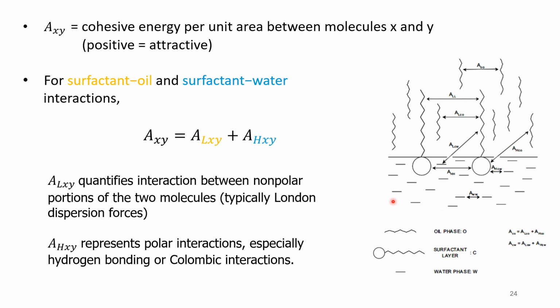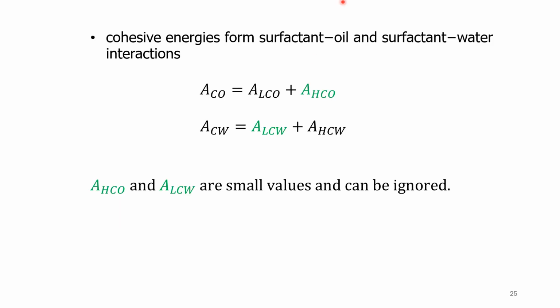Therefore, it results in the different kinds of intermolecular interactions and also the cohesive forces that will occur when we have the surfactant dispersed in water and also oil. We consider the cohesive energy that occurs in a surfactant molecule. So it can be represented as A_CO, or the interactions between the surfactant and the oil phase.